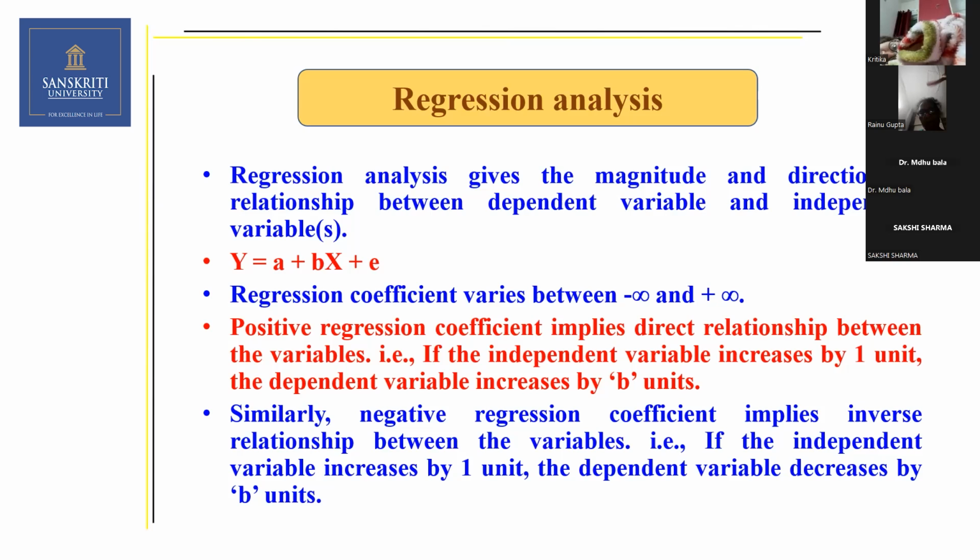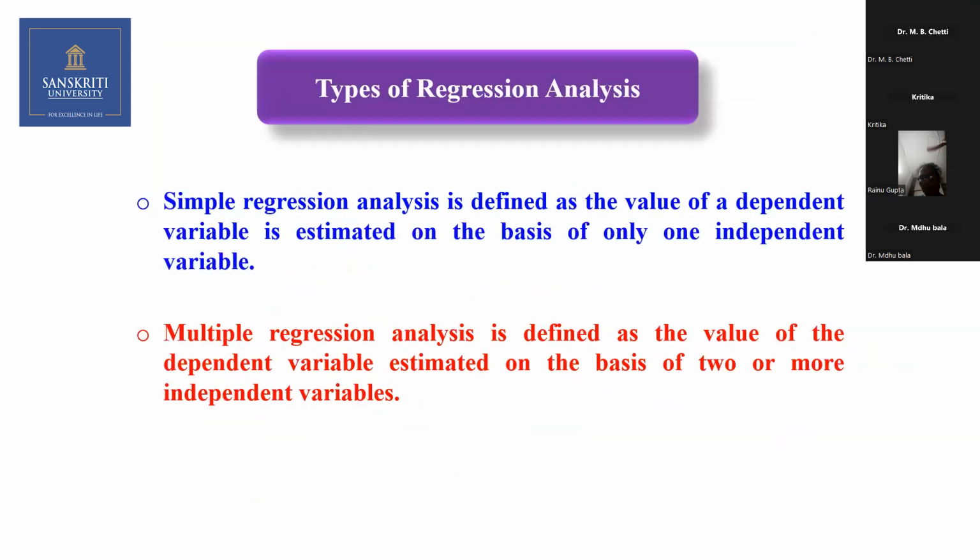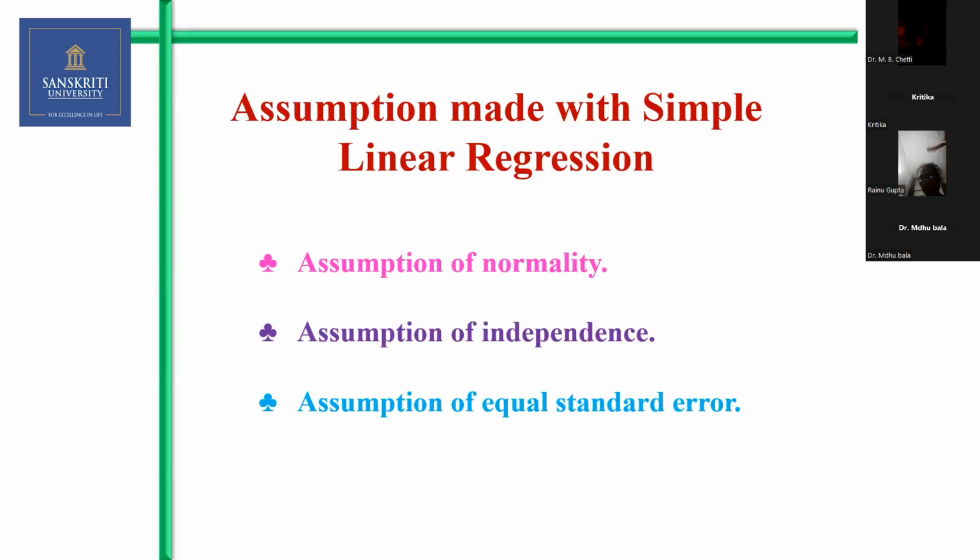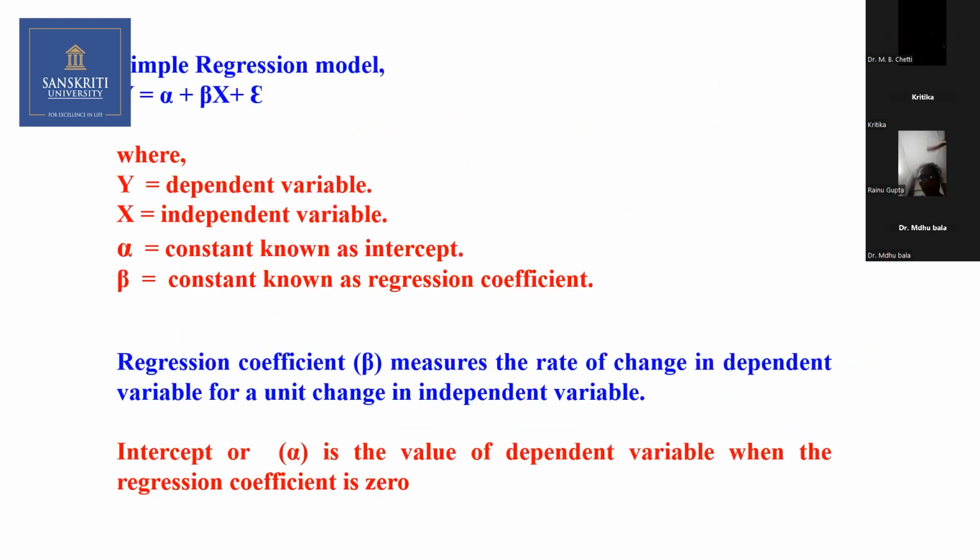Okay, so it lies between minus infinity to plus infinity. Here b is the regression coefficient. And types of regression: you have simple regression, meaning only one independent variable, or you can have a number of independent variables, that is multiple regression. Then the assumptions: it should be normal, it should be independent and have equal standard error.